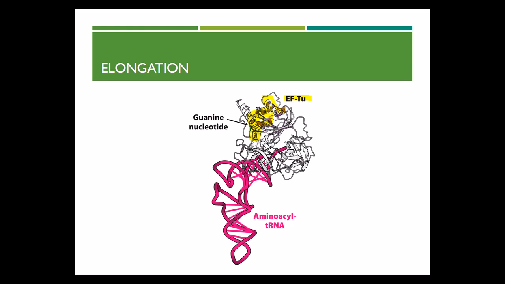The elongation factor TS induces release of GDP from elongation factor TU, which is replaced by GTP, and another cycle can begin over again. Essentially, this is the mechanism for growing your peptide chain. It's the way that we are able to bring aminoacyl transfer RNAs into the A site.